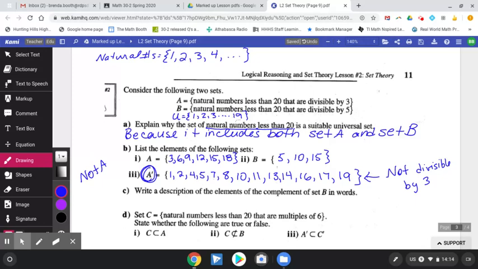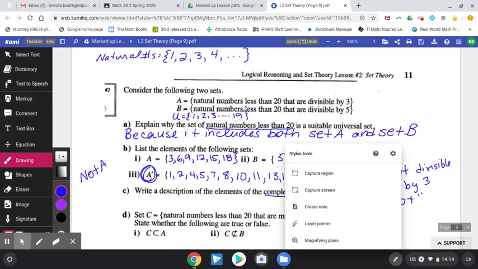And then C, write a description of the elements of the complement of set B in words. So all we have to do, remember, is when we're looking at the complement of B in words, we have to get the word not in there. But it has to go in the right spot.